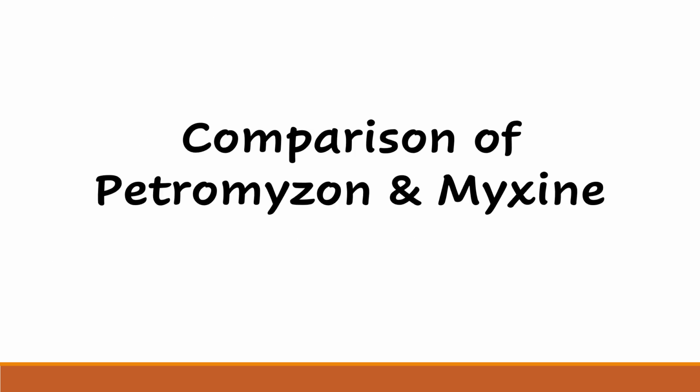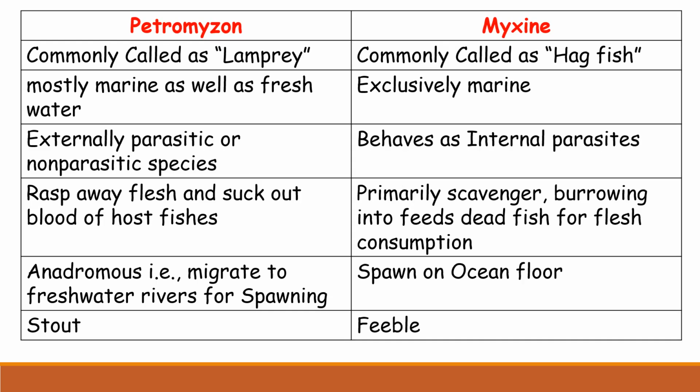Now we will compare the two well-known cyclostomes, that is, Petromyzon and Myxine. As a first point, you can see the common names. Petromyzon is commonly known as lamprey. On the other hand, Myxine is commonly known as hagfish. Petromyzon or lampreys are mostly marine, and they can also be seen in fresh waters.